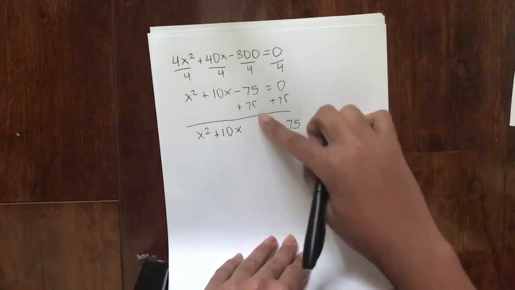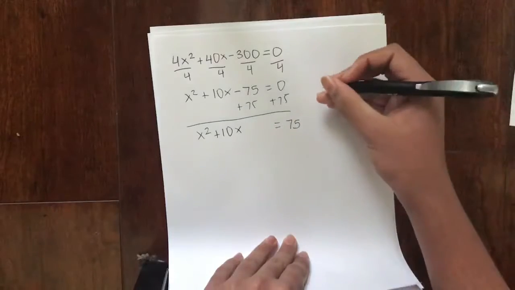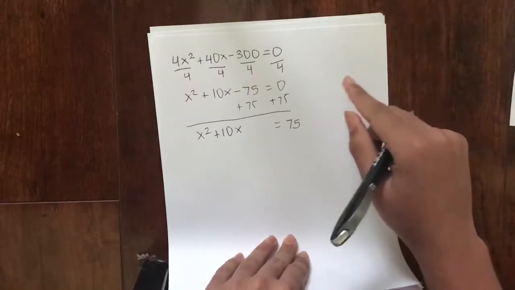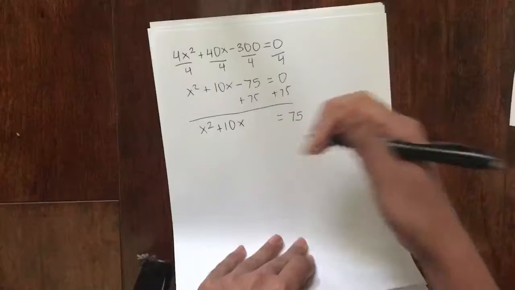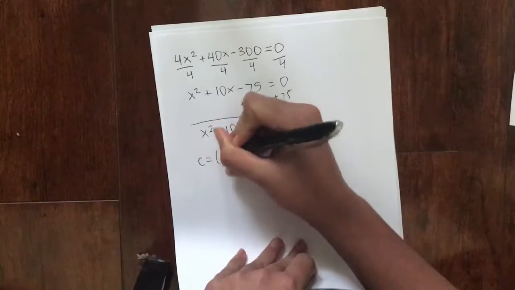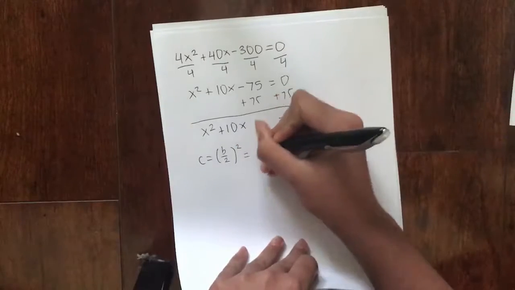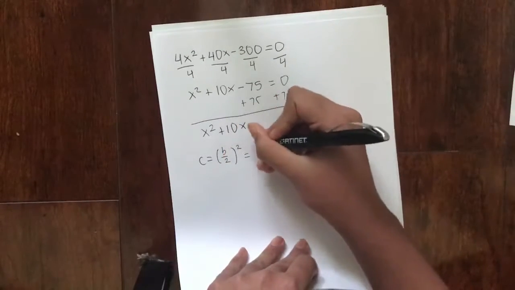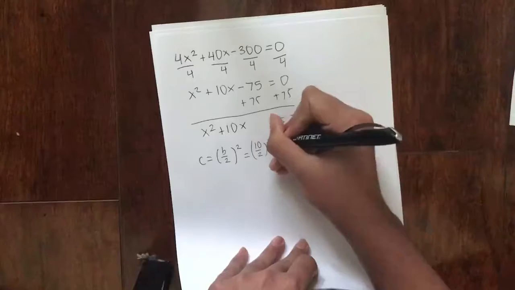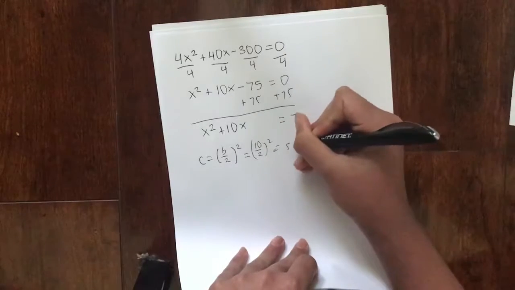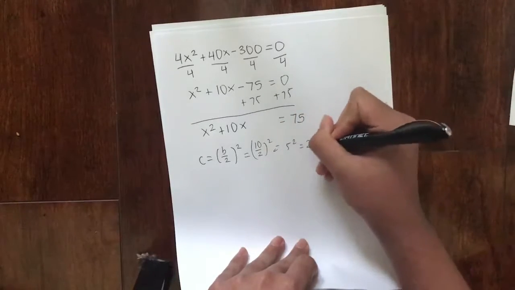To find our c value, since we have to make it into the form x squared plus bx plus c, our c value is equal to b over 2 the whole squared. Our b is 10, so 10 over 2 the whole squared, which is 5 squared, which is equal to 25.